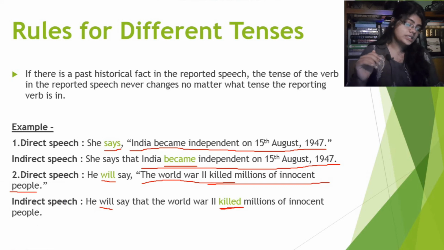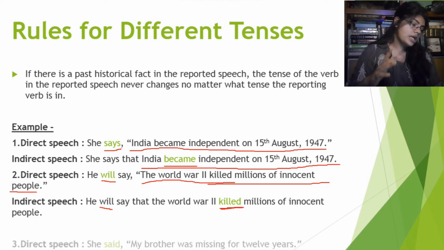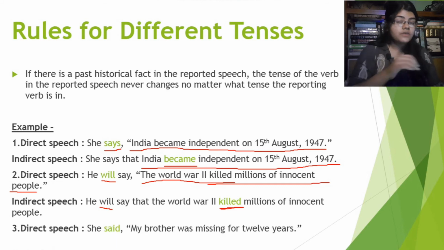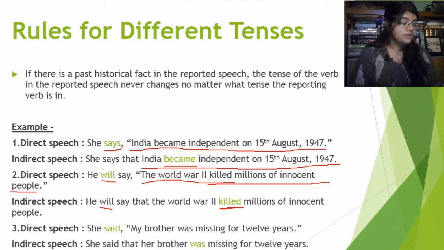See, in the next example it will be useful. She said, "My brother was missing for 12 years." Indirect speech: She said that her brother was missing for 12 years. See, here the reporting verb is in the past tense.